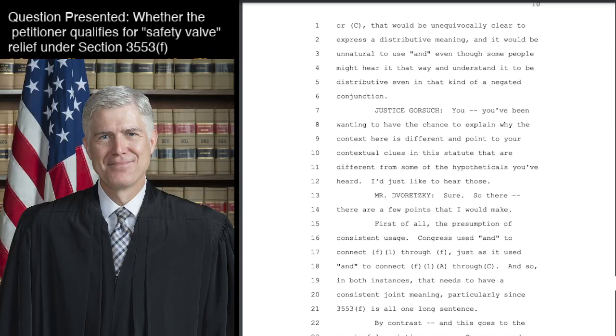You've been wanting to have the chance to explain why the context here is different and point to your contextual clues in this statute that are different from some of the hypotheticals you've heard. I'd just like to hear those. Sure. So there are a few points that I would make. First of all, the presumption of consistent usage. Congress used "and" to connect F1 through F5, just as it used "and" to connect F1A through C. And so in both instances, that needs to have a consistent joint meaning, particularly since 3553(f) is all one long sentence.